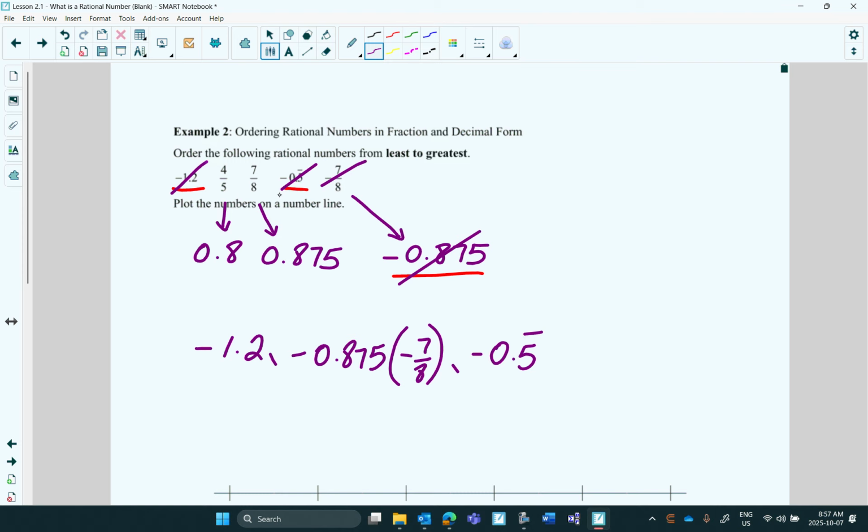Now we're down to 2 positives that we changed to decimals. Which one's smaller, 0.8 or 4/5? That leaves 0.875 or 7/8. So that's the first step.